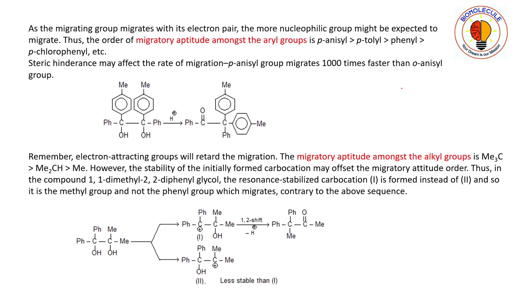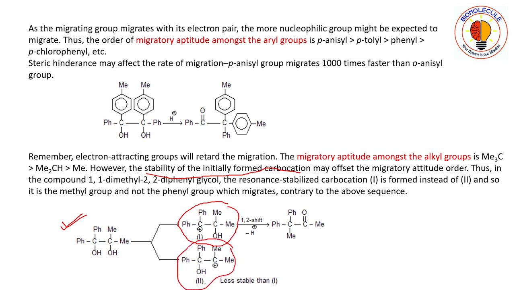So what this sentence states is that the stability of the initially formed carbocation may alter the migratory aptitude. In this example you can see the first carbocation and here the second carbocation.